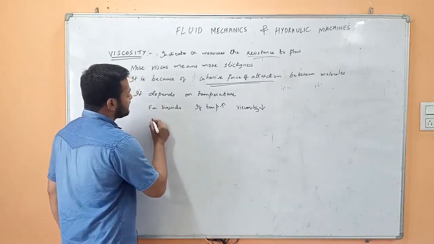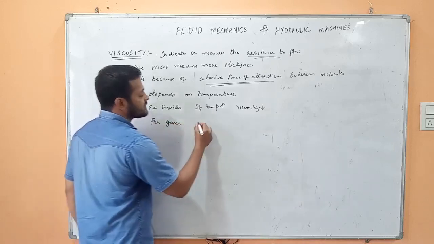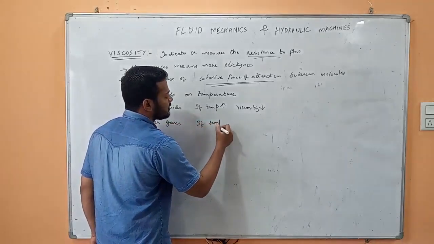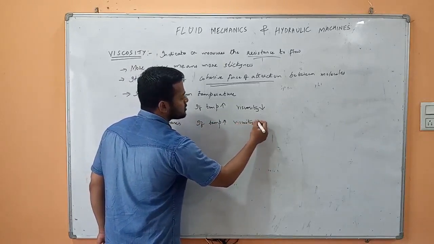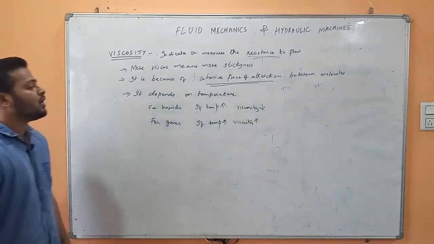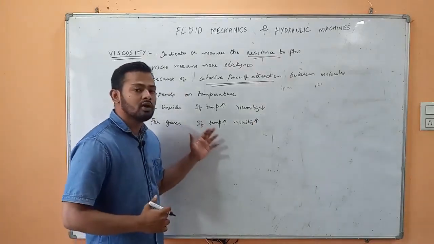Let's take one more example for gases. For gases, if temperature is increased, viscosity also increases, because when the temperature is increased, there will be exchange of energy between those molecules of gases.